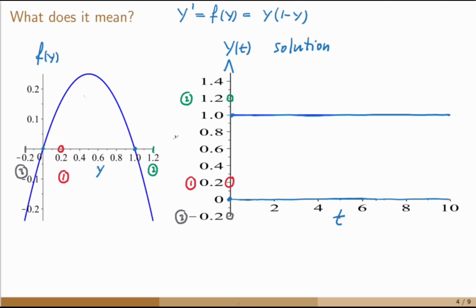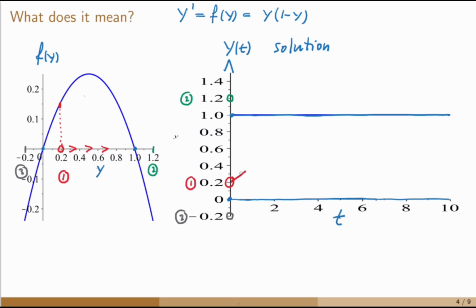Now let's look at the initial condition number 1. So here in this graph, I start at 0.2 and I evaluate my function f. And of course f here is positive, which means I have a positive slope. So I have a positive slope here. In the phase plot, it of course means my function is increasing. I have arrows going to the right.